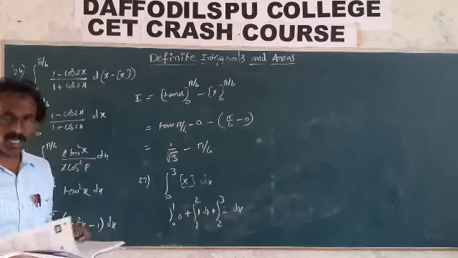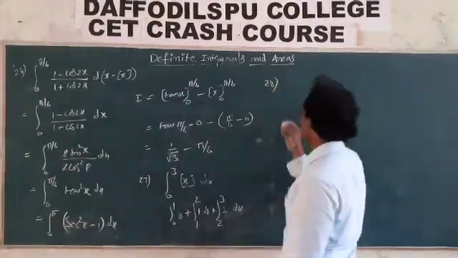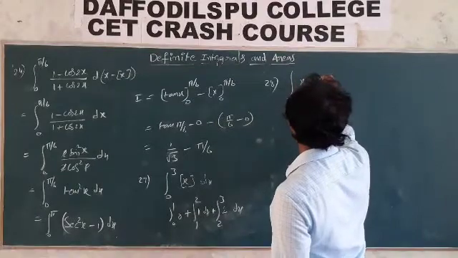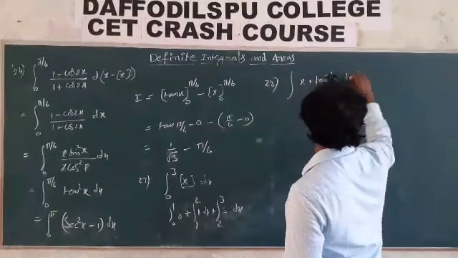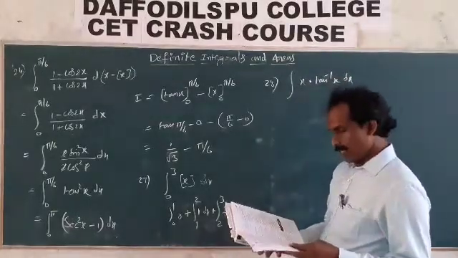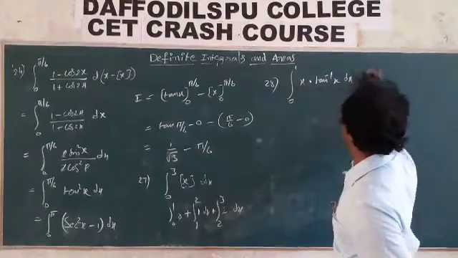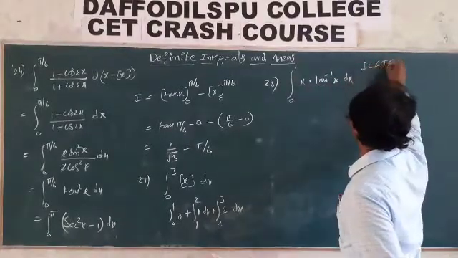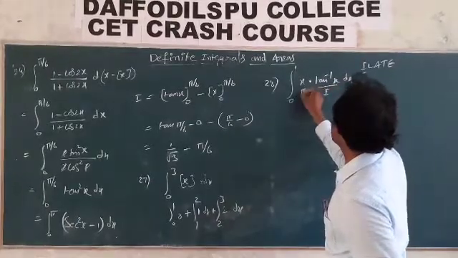x tan inverse x, this also by parts. 28: make the first function x into tan inverse x dx from 0 to 1. Okay, which is the first function? Highlight. Inverse is first and this is second.